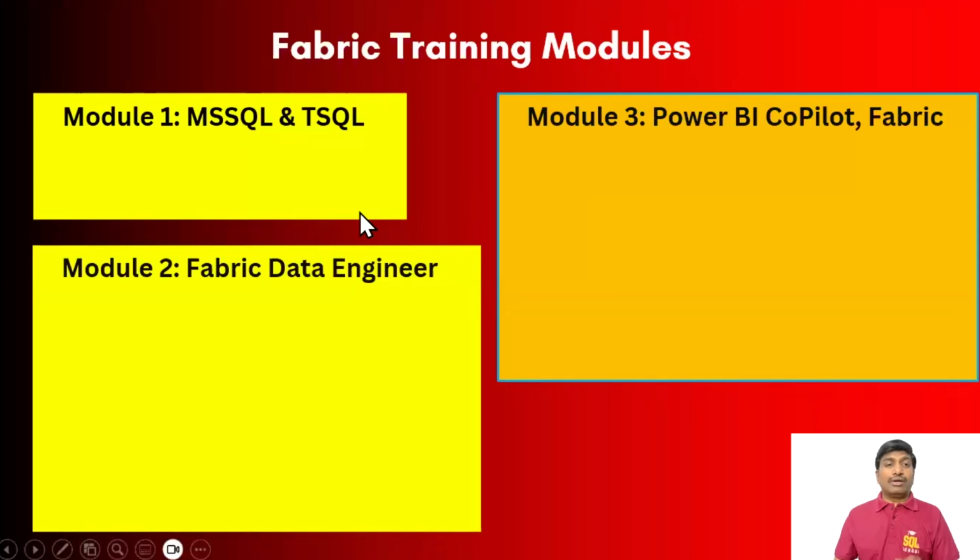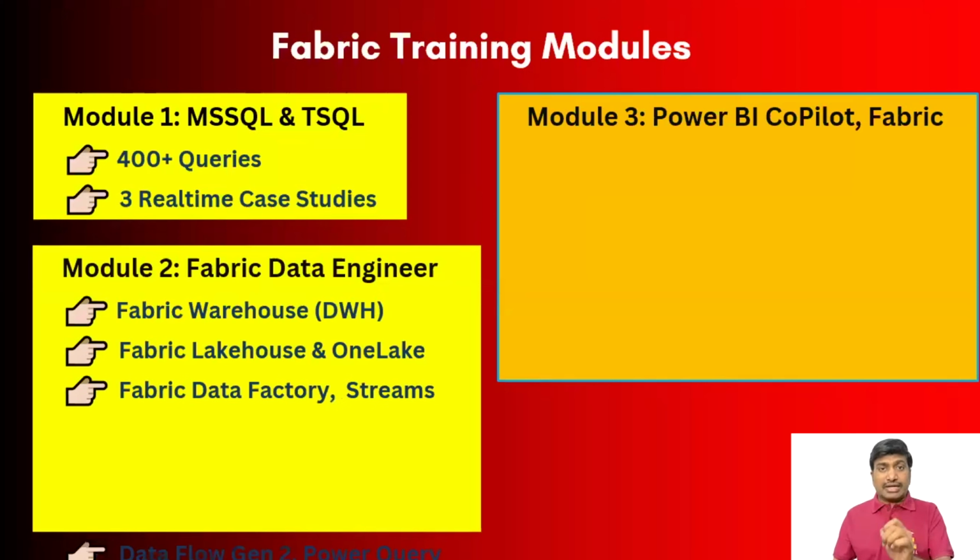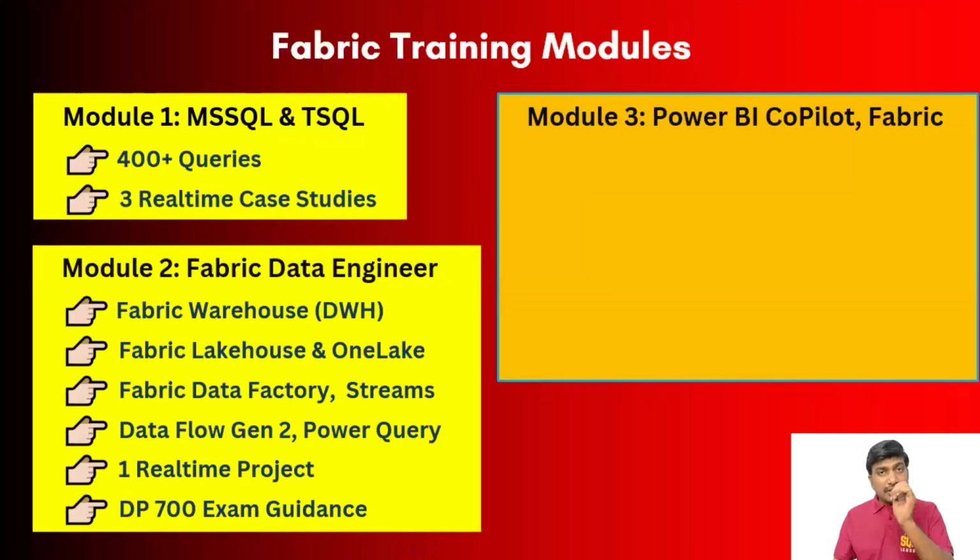In Module 1, we'll have 400-plus queries with 3 real-time case studies. In Module 2, Fabric Data Engineering, we have Fabric Warehouse, Lakehouse, OneLake, Data Factory, Stream Analytics, Streamhouse, Dataflow, Power Query, Real-Time Project, and DP-700 Data Engineer Certification Guidance.